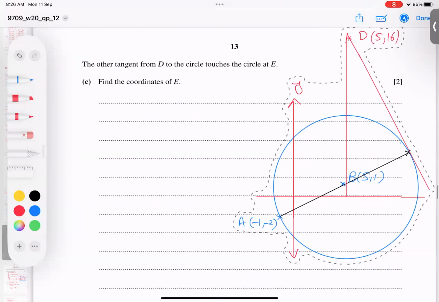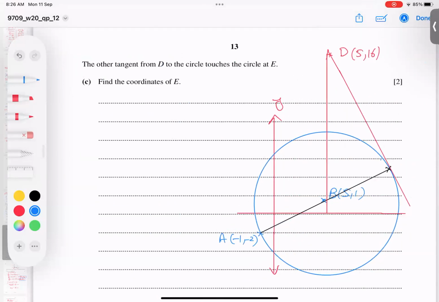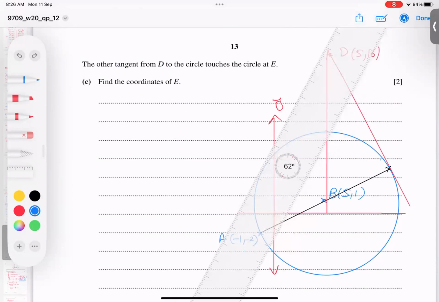Let me explain what the question is saying. You know this is tangent number 1, and I can make tangent number 2. How come? Have a look. This is tangent number 2. I make it in a different color, green color.